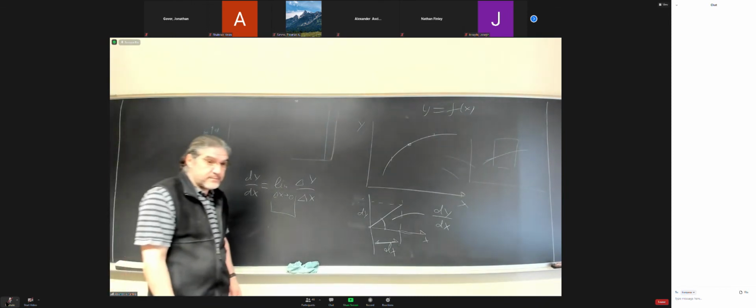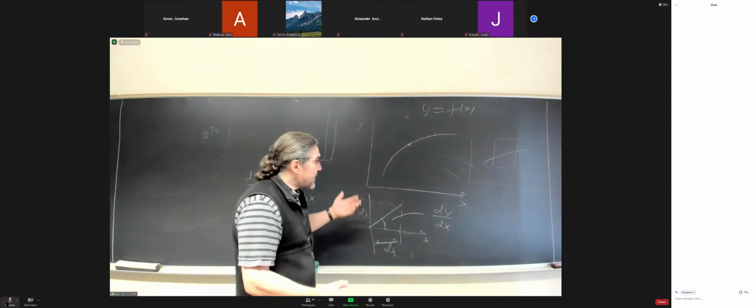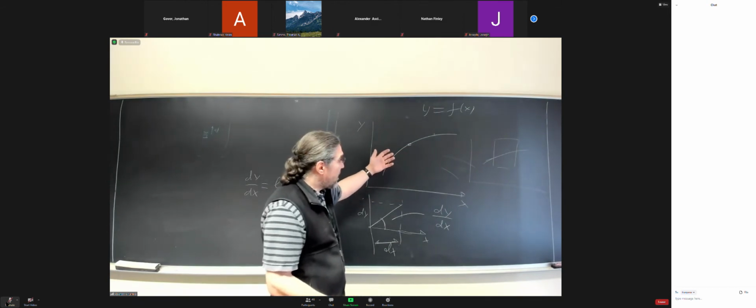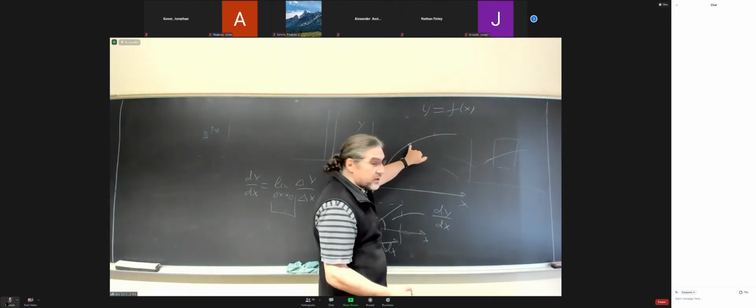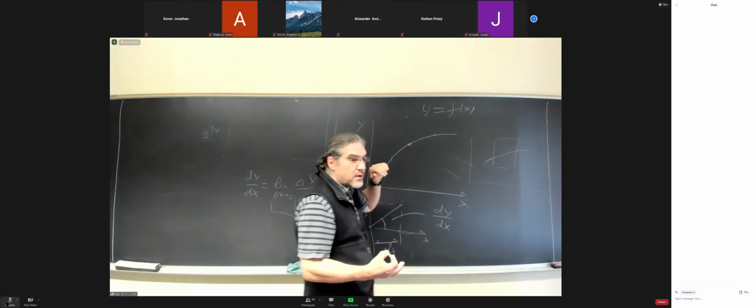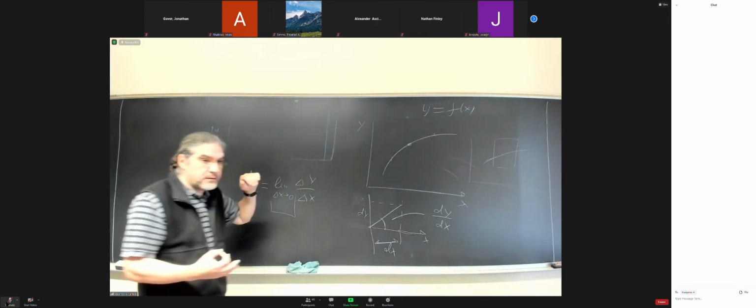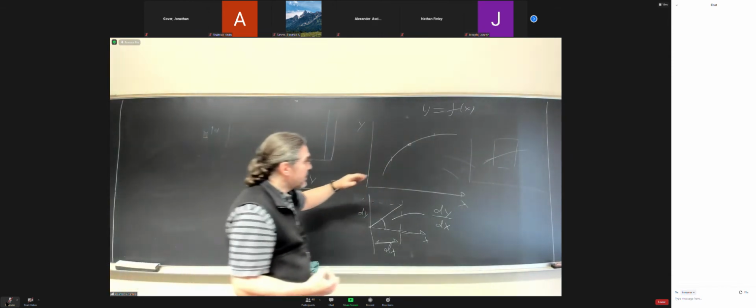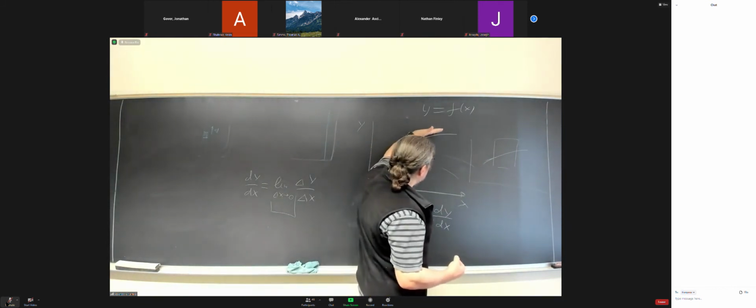That makes sense? So it means that our function at each point is described by just its slope. And by that procedure, we can define the slope of that function at every point.